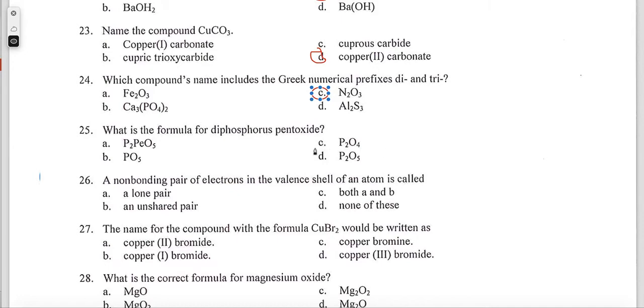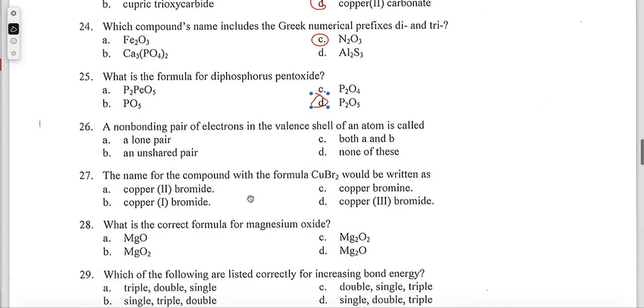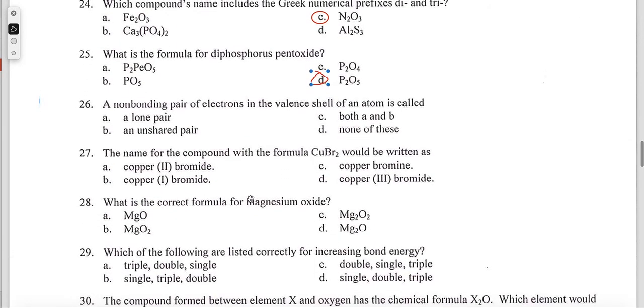We're going to be looking at letter D. Okay. Number 26, we are not talking about that information, so go ahead and X that one off. Number 27, the name for that compound is going to be letter A.